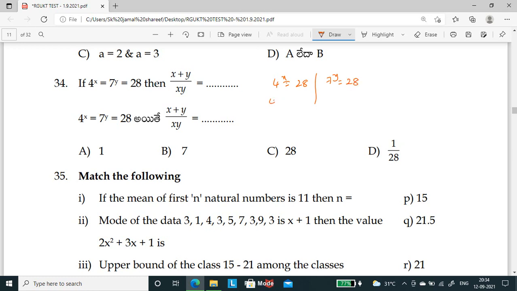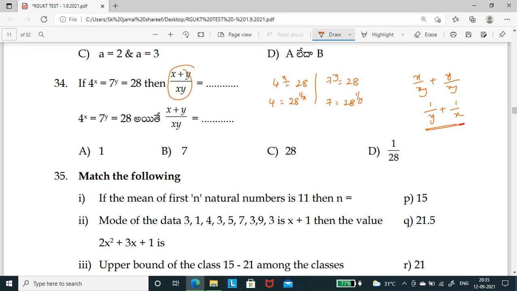So from this 4 is equal to 28 power 1 by x, and 7 is equal to 28 power 1 by y. Now if you observe this, (x plus y) by xy, I can write it as x by xy plus y by xy. So from this I can write it as 1 by y plus 1 by x.